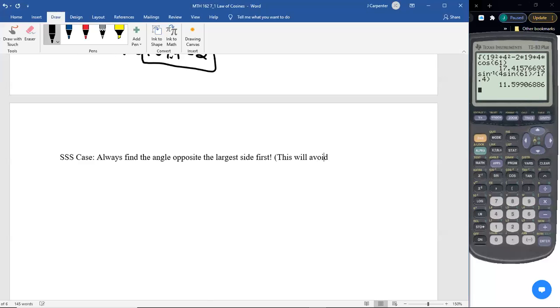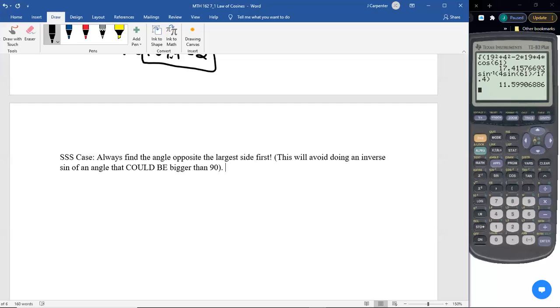This will avoid doing an inverse sine of an angle that could be bigger than 90. That's what that'll do for us. So we'll go ahead and knock the largest angle out first. Then we know the other two are going to be less than 90, and we no longer have to keep our ducks in a row.